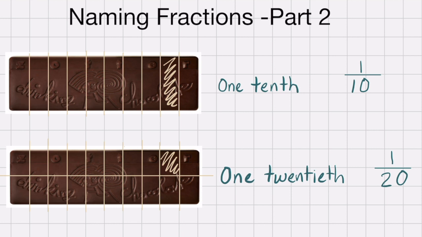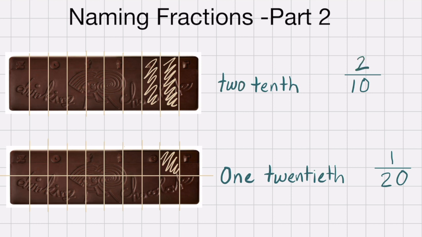So what if we had 2 parts coloured in? Well, in the first one, we'll get rid of 1 and make it 2 tenths. And we could write that as 2 tenths, and then we'd put a number 2 on the top.